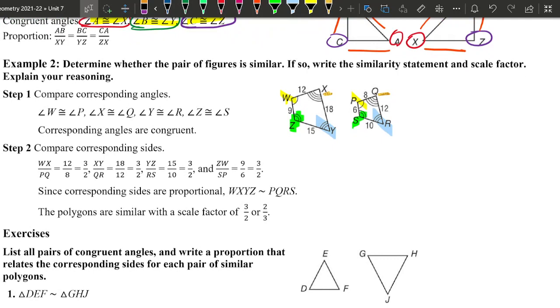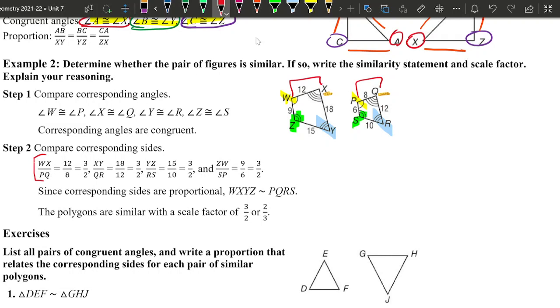And then it gave us that the corresponding angles are congruent. And since corresponding sides are proportional, okay, so now we need to check to see if it is similar by comparing the sides. So this one said WX and PQ is 12 and 8. I'm looking right here. It's 12 over 8.